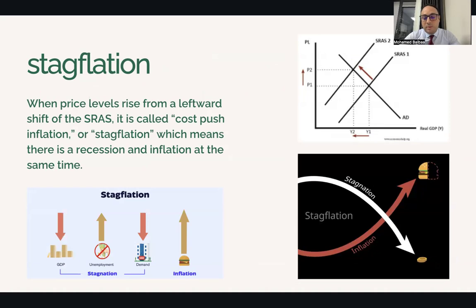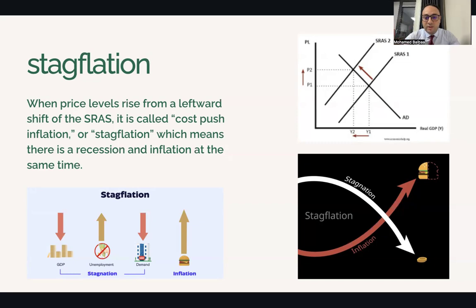Here we can stop at a special phenomenon which is called stagflation. Here, when the price level rises, as you can see in the curve, if the short-run aggregate supply curve shifts to the left, the price level will rise, which means high inflation. At the same time, we can see the output Y change from Y1 to Y2, which means the output or real GDP decreases.